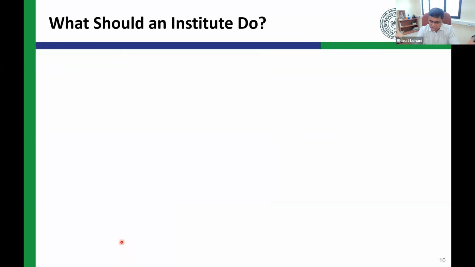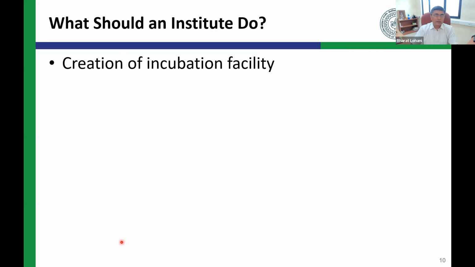Now, just a few suggestions from my side on what an institute should do. Once we have this background, the institute should create an incubation facility. And this is really important. I recommend this for all engineering colleges and all universities, because a platform is really important.